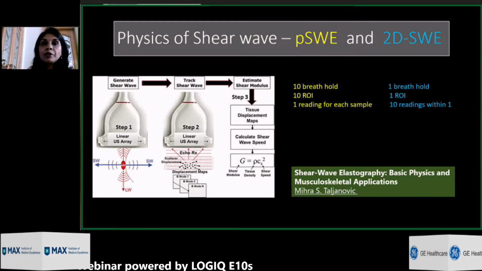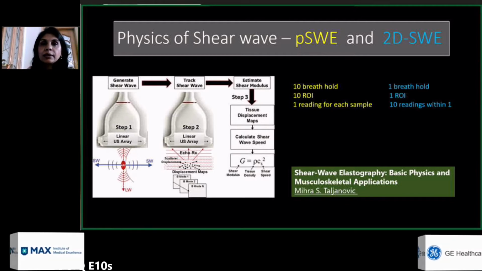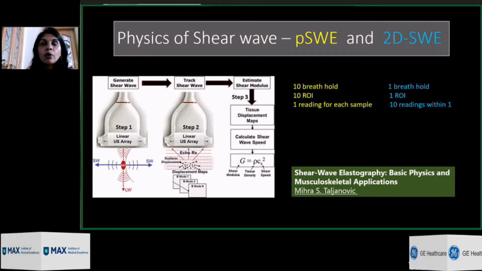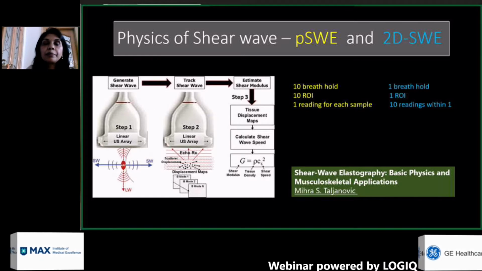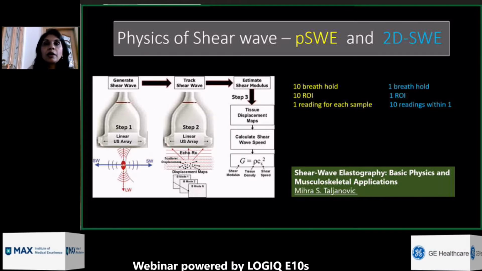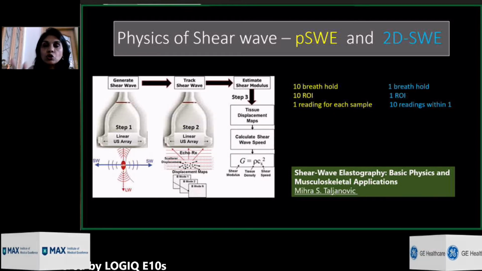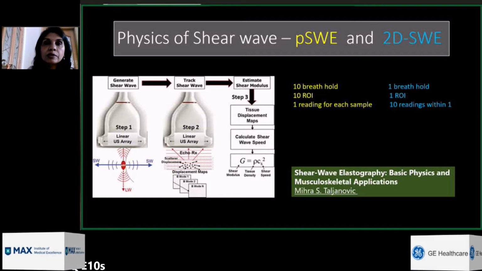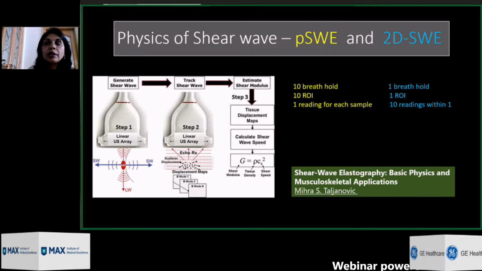This perpendicular propagation through the tissues, using a Doppler-like technique and measures, interprets the tissue displacement and helps establish the linear velocity and the elasticity index in Young's modulus, and the linear velocity in meters per second. So this is in short the entire process of how the shear waves interpret the elasticity index of a tissue.